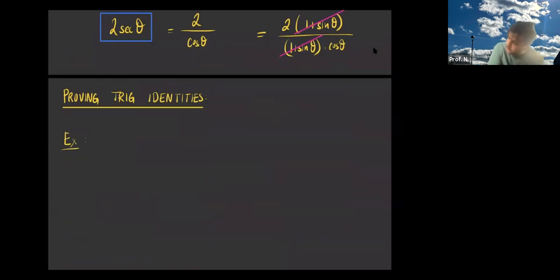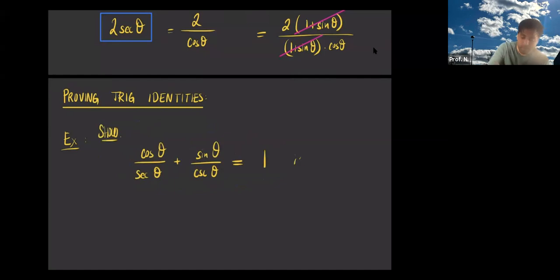So for example, I'm going to be given cosine theta over secant theta plus sine theta over cosecant theta equals 1. Now this is different, right? I want to show that this is true. I want to show this is an identity that's true.